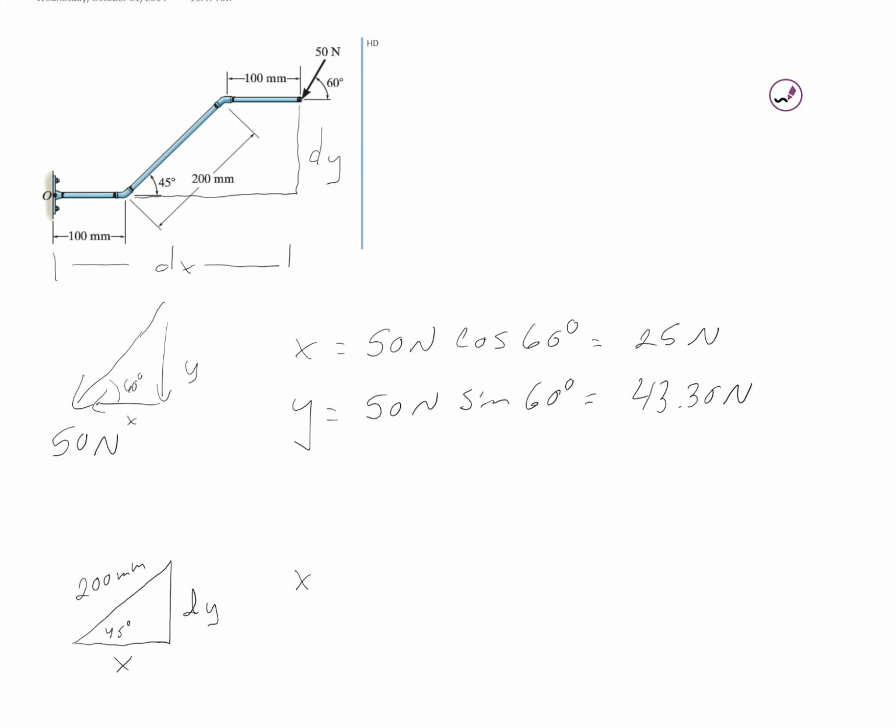So for the x component here, I have 200 millimeters times the cosine of 45 degrees, and for my distance y, I have 200 millimeters sine 45.